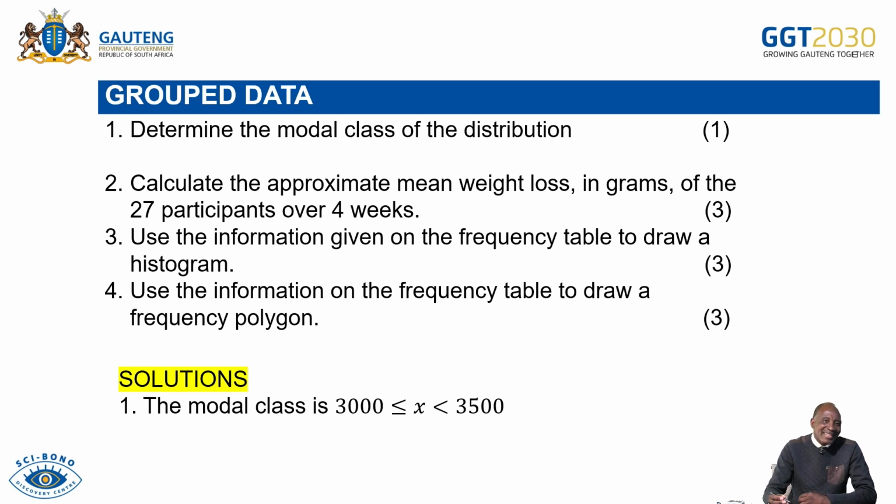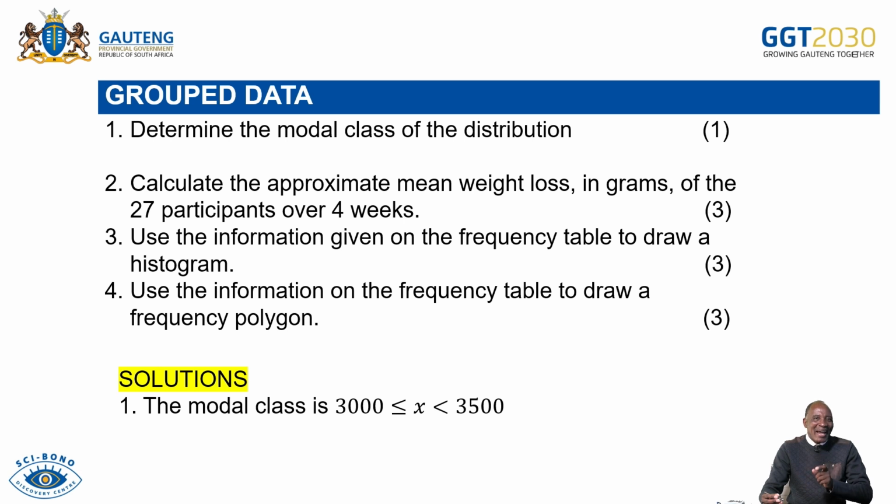The other question that I would have asked you here was to say, determine the mode of the distribution. Without saying modal class, how would you find the mode? But the values are not there. You can't identify which weight loss appeared the most, but you can see the majority are in this class. Let's answer this question after the next part of the presentation.